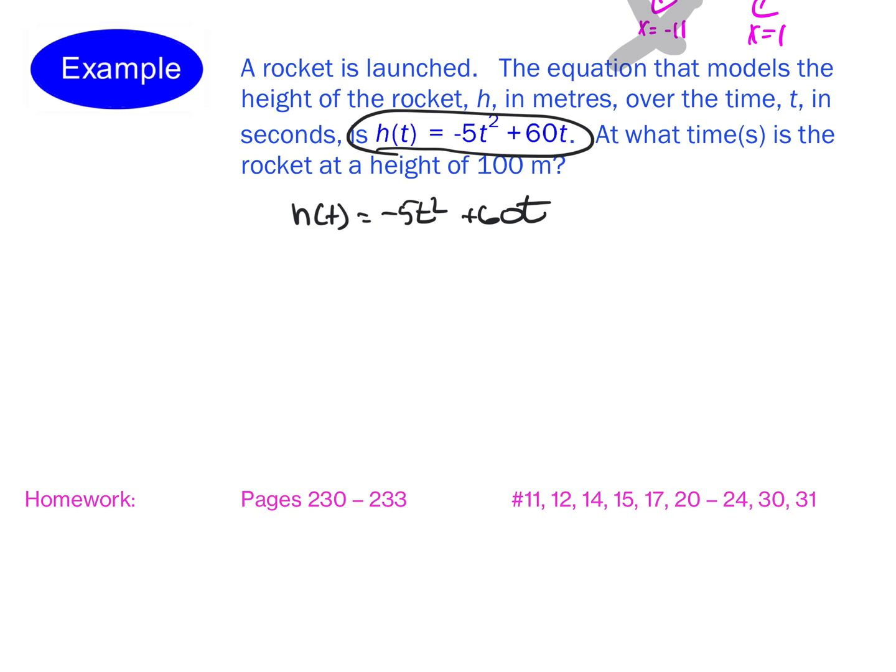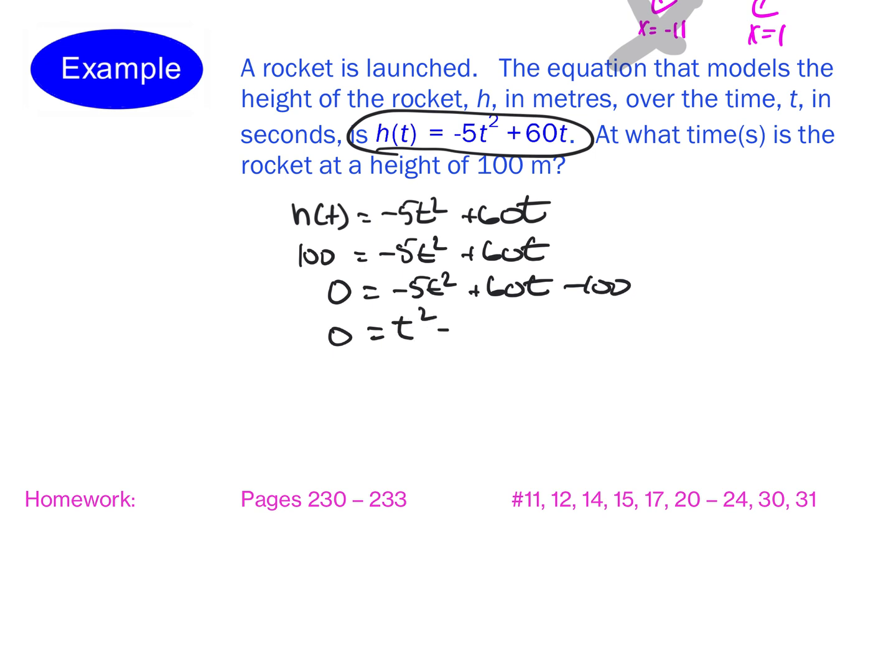So in other words, this is the height. We're going to replace this with 100. So 100 equals minus 5t squared plus 60t. We'll bring the 100 over to the right, minus 5t squared plus 60t minus 100. And then we're going to divide everything by negative 5.